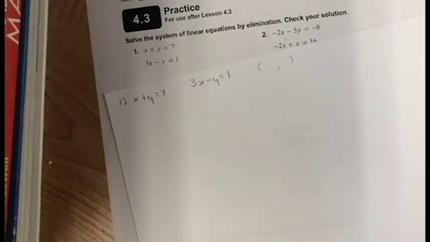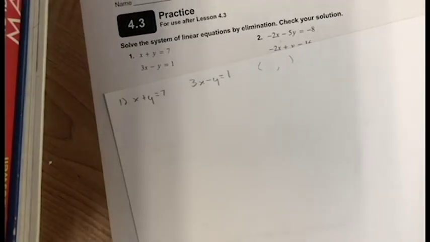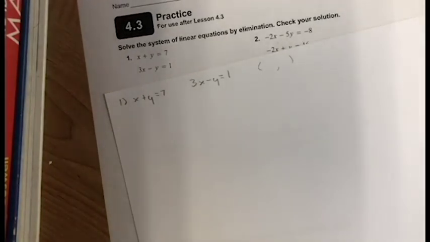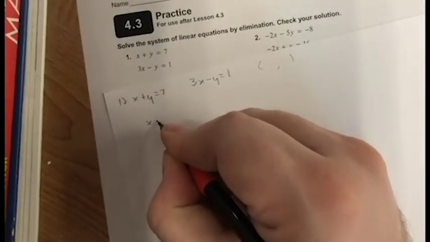And because of that, it leads us to step 2. Step 2 says we add the equations if the coefficients are opposite, or we can subtract equations if the coefficients are the same. And since in this particular one they're opposite, we are actually going to add them.